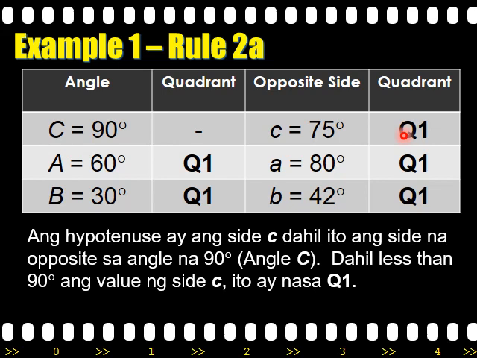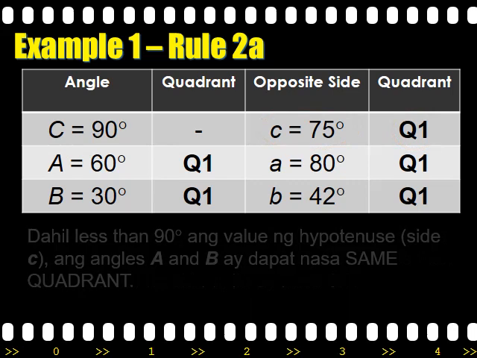Now, if you notice, since nasa value to na less than 90, ibig sabihin yung dalawang angles natin and yung dalawang side dapat nasa same quadrant.